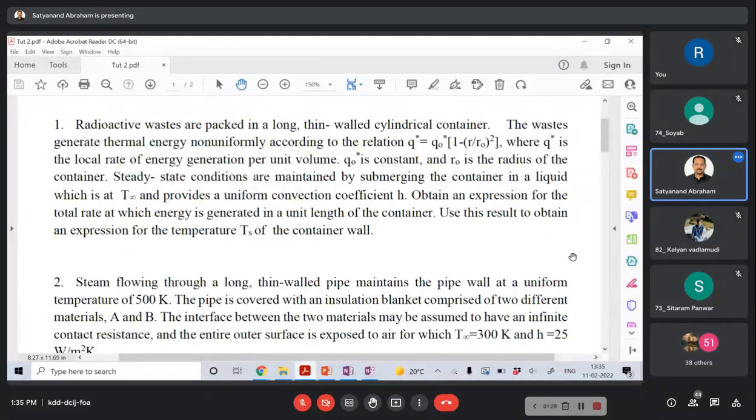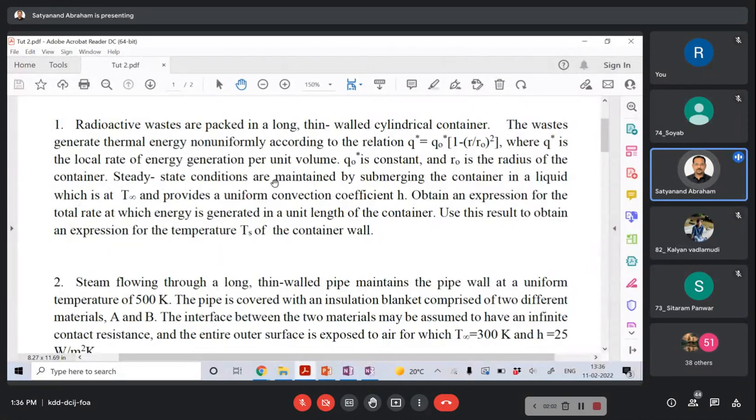The first one: radioactive wastes are packed in long, thin-walled cylindrical containers. The waste generates thermal energy non-uniformly according to the relation q star equals q0 into (1 minus (r by r0) square), where q star is the local rate of heat generation, q0 is some constant, and r0 is the radius of the container.